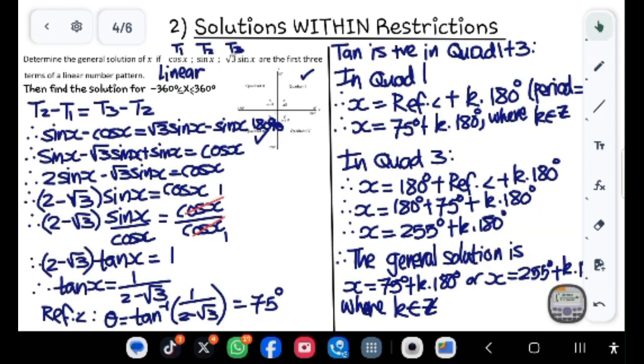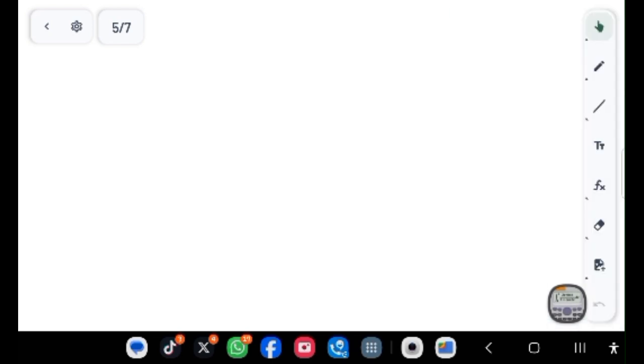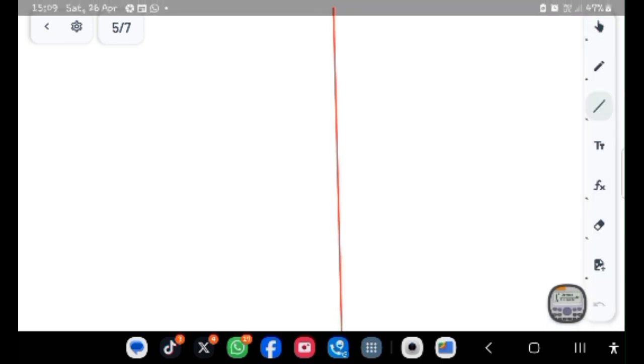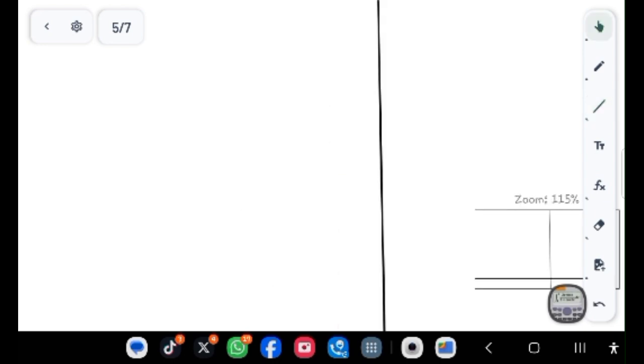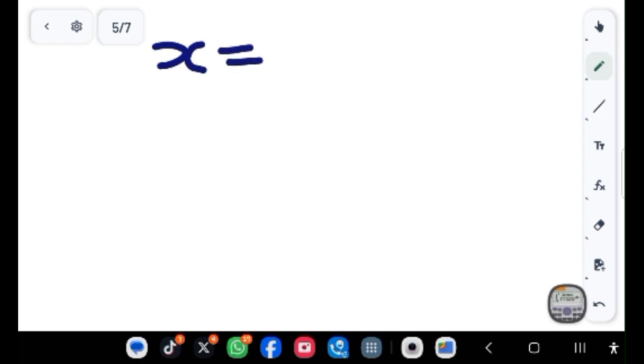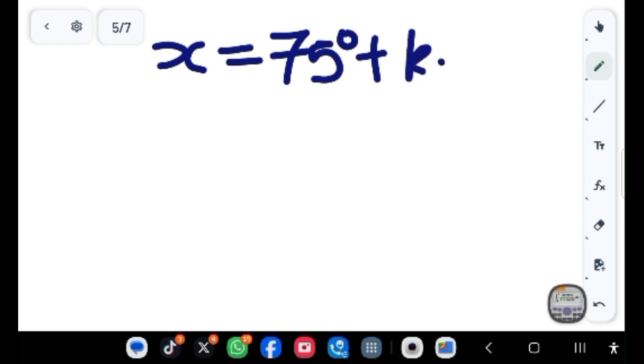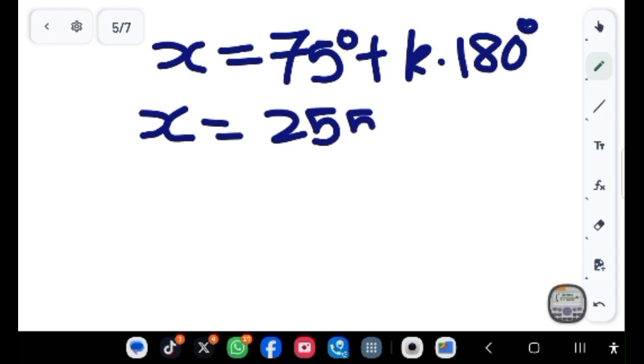Now we apply the restrictions to figure out where exactly the limitations are. Let's apply the restrictions now. Let's just write that x equals 75 degrees plus k times 180 degrees, and x equals 255 degrees plus k times 180 degrees.